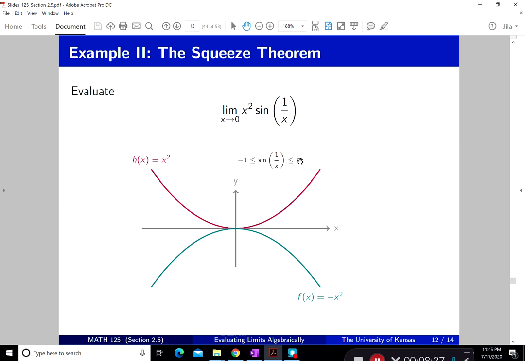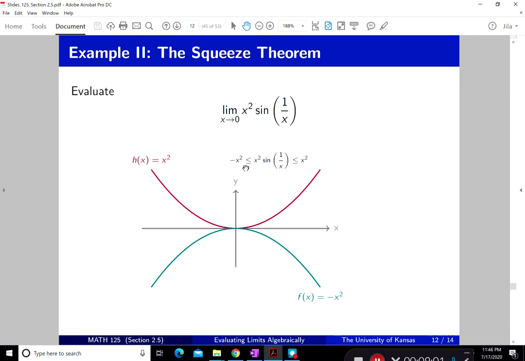Let's remember, the output of the sine function is always between -1 and 1. The range of a sine function always falls between that.